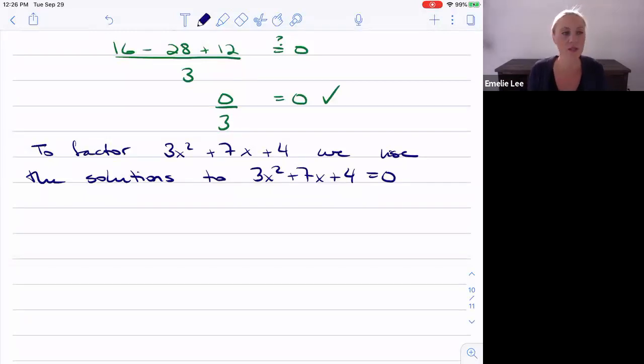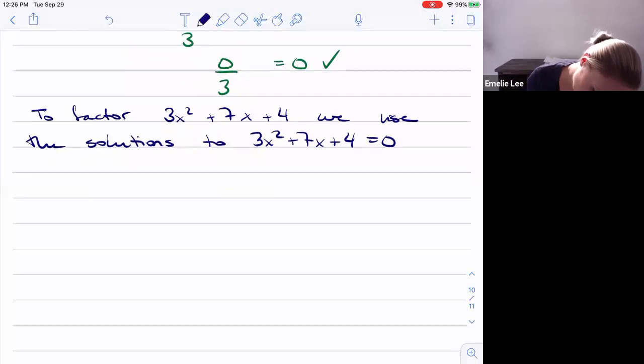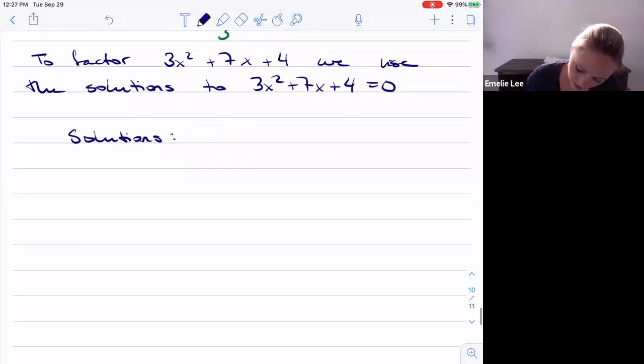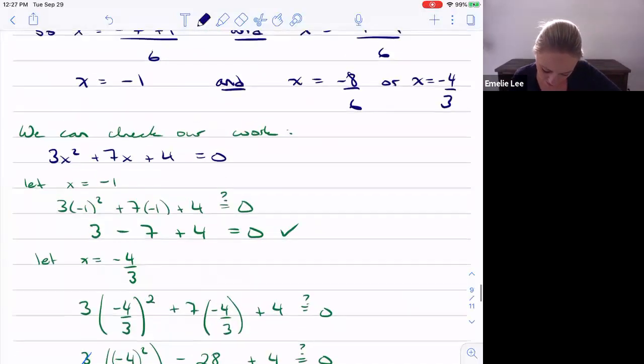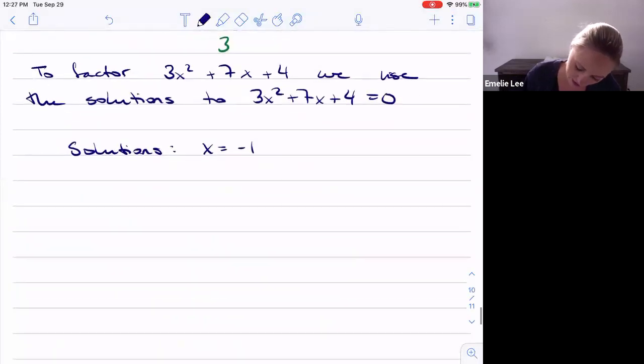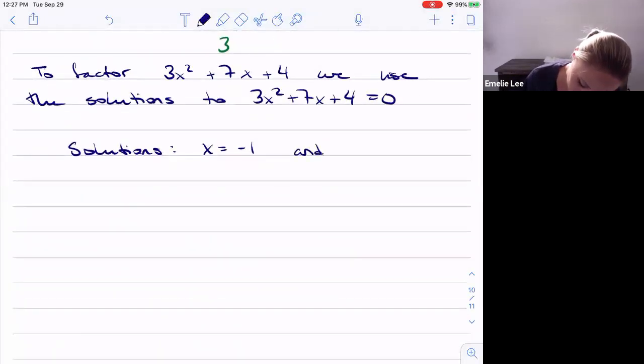So we have those solutions, right? The solutions are x equals, was it? Yeah, -1 and x equals -4/3.